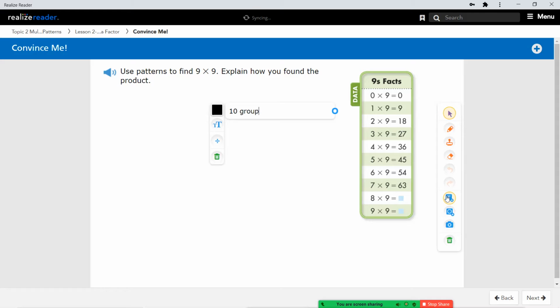We can say 10 groups of 9 minus 9 ones. So that's the same thing as saying 10 times 9, which we know is equal to 90, minus 9. We know that 90 minus 9 is equal to 81. So 9 times 9 is also equal to 81.